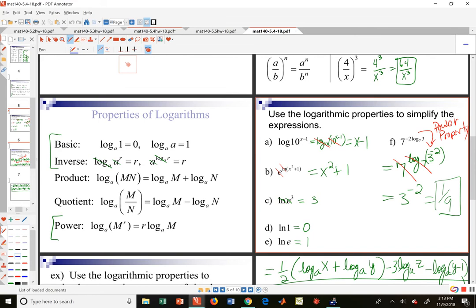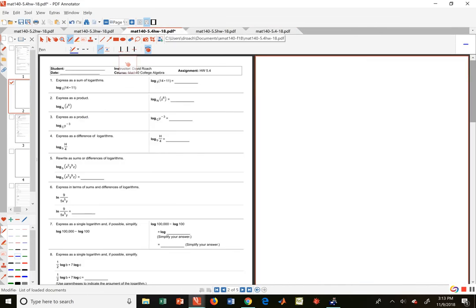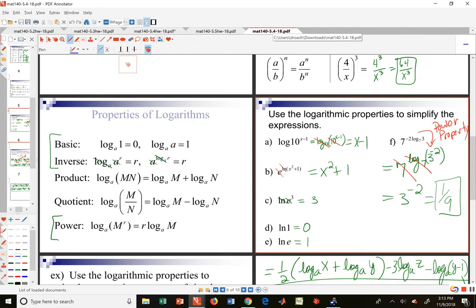Okay, let's hit our first few examples. Number 1 says the log base 3 of 14 times 11. That dot looks a little weird, but they want to distinguish it from 14 decimal point 11. It says expressed as a sum of logarithms. One of the properties of logarithms is that the log of a product turns into a sum.